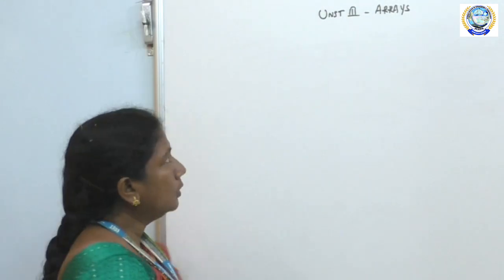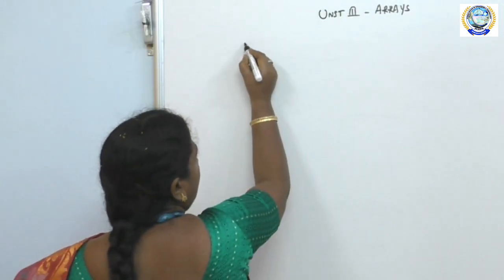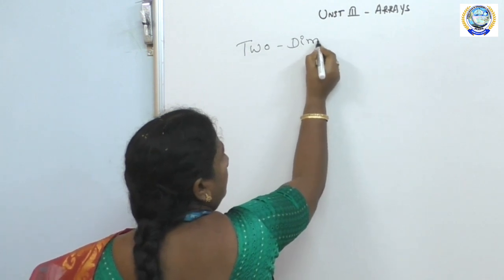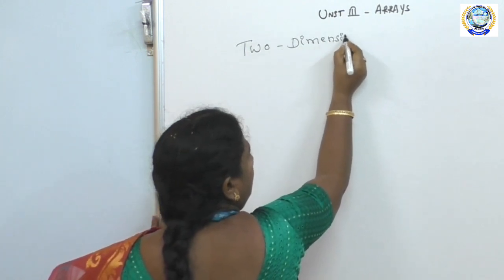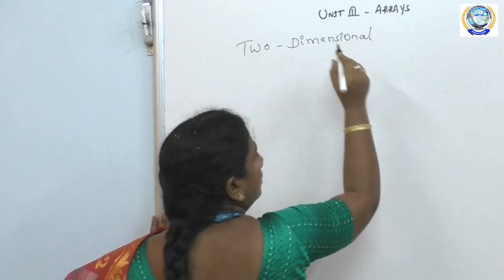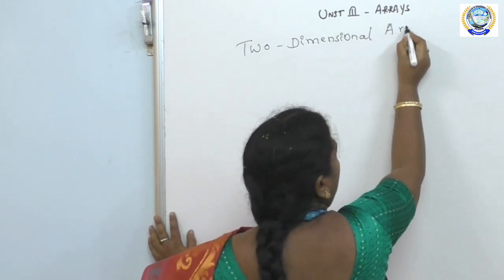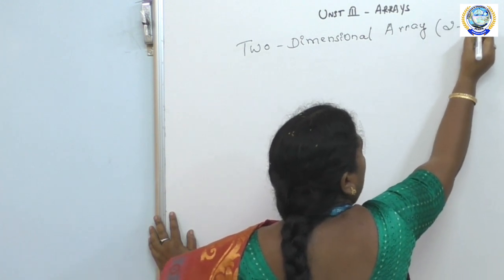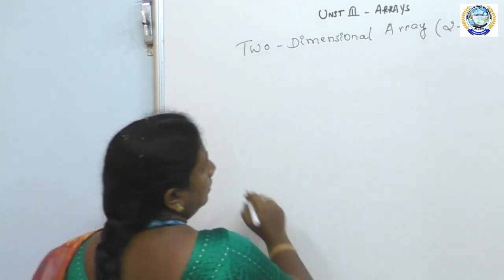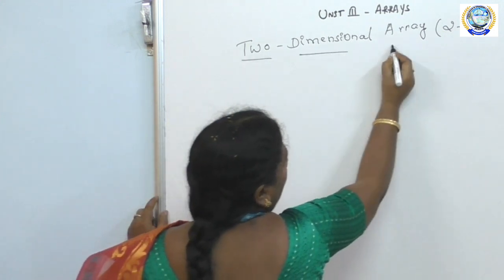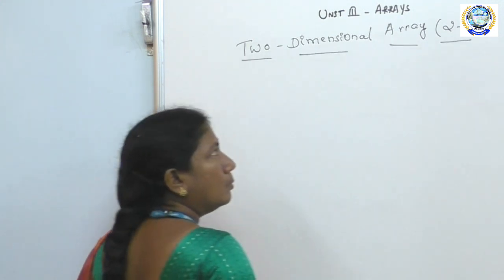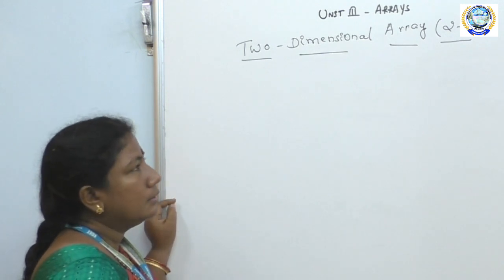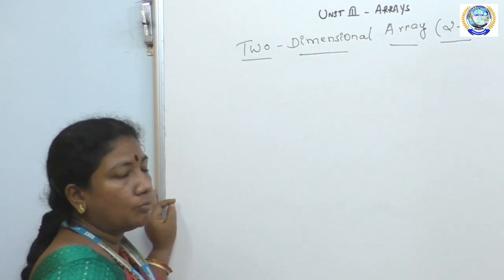Now coming to two-dimensional arrays. These are also called 2D arrays. Most of the applications require dimensions more than one.